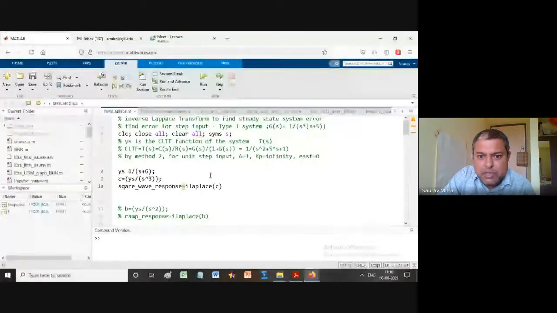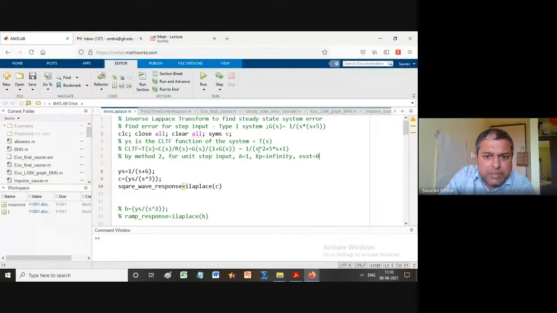So Y(s) is equal to, now I will change the Y(s). Y(s) is equal to, now this is 1 by s square plus 5s plus 1. So let us check that. Okay, like this. And C is equal to Y(s) by s.